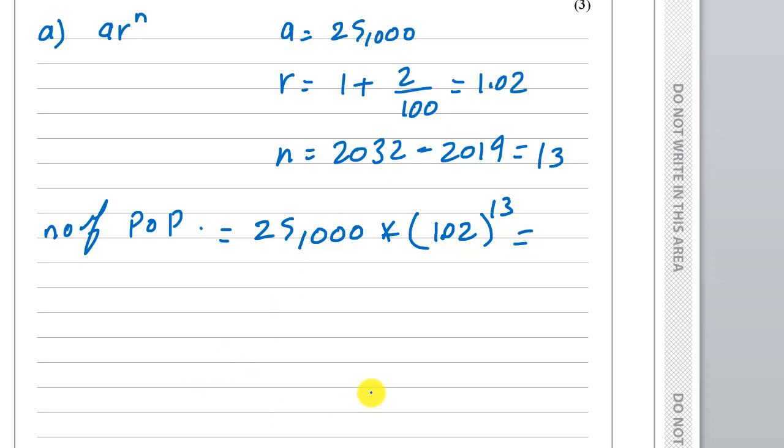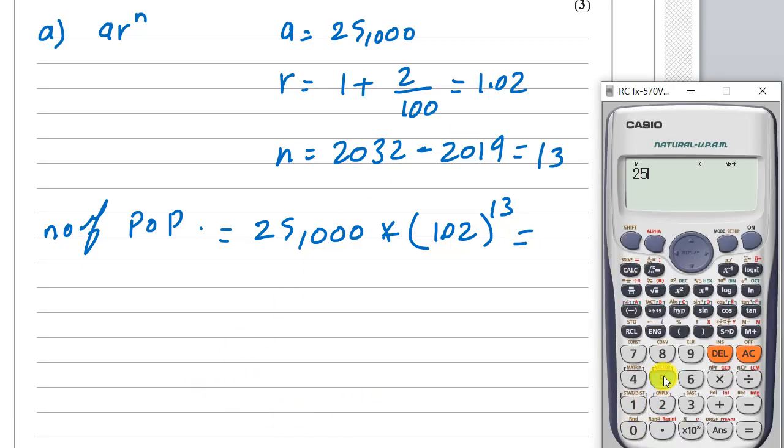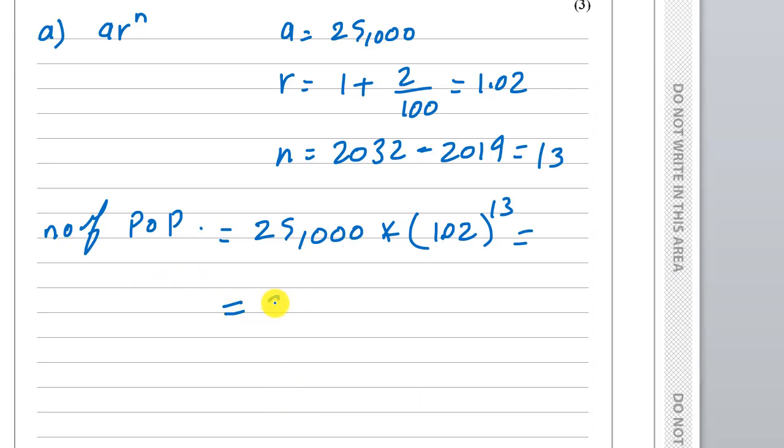So let us find this value. 25,000 multiplied by 1.02 power 13 is 32,340. So it's equal to 32,340.